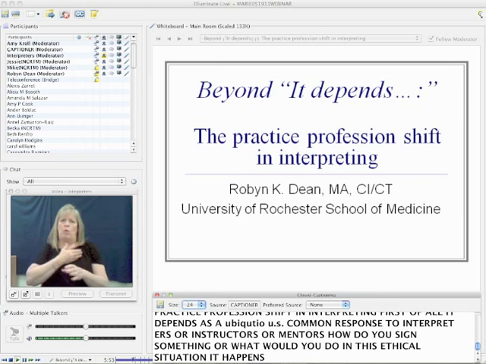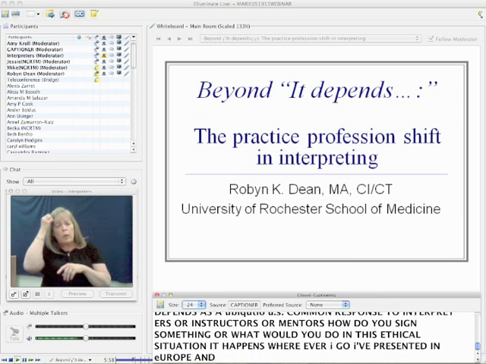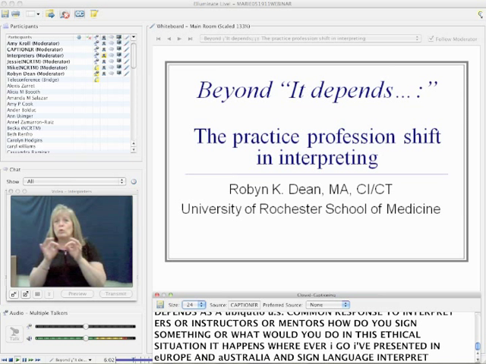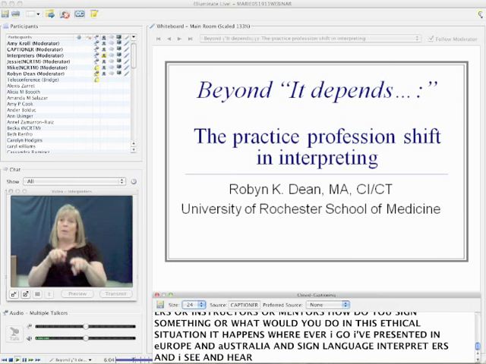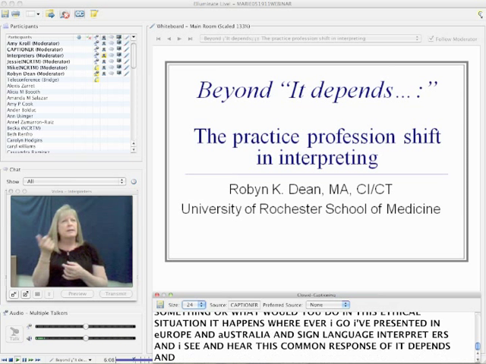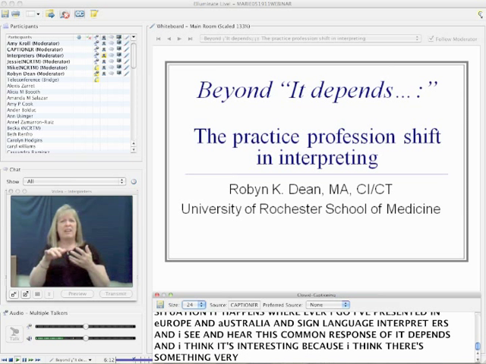I've presented in Europe and Australia, I've presented to sign language interpreters and spoken language interpreters, and I see and hear this common response of "it depends." And I think it's interesting because there's something very profound about the ubiquitous nature of that phrase.